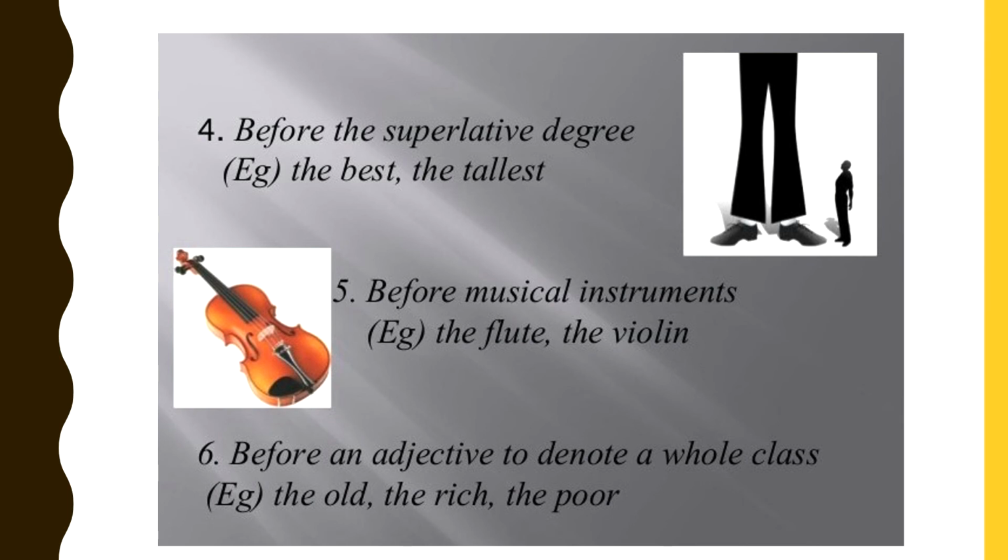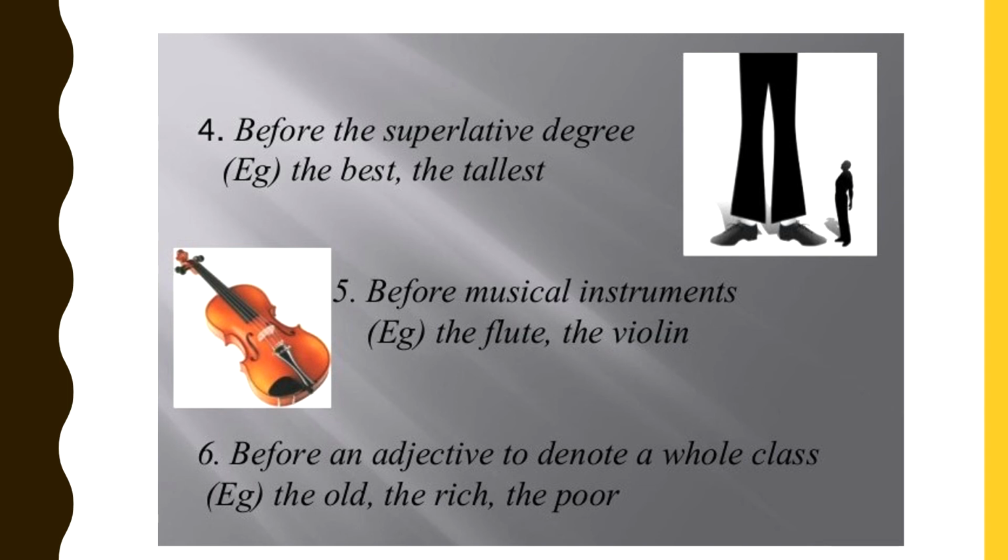Before the superlative degree of adjectives like the best, the tallest, the most, the fastest, the slowest, and so on and so forth. So when you use a superlative degree of adjectives, we use the article the. Before musical instruments, whenever we name any musical instrument, we use the article the. Example, the flute, the violin.